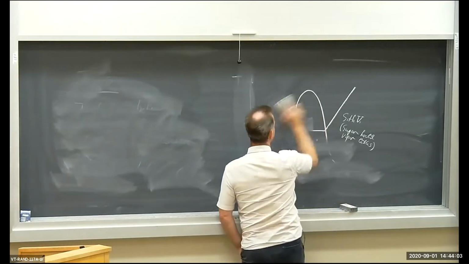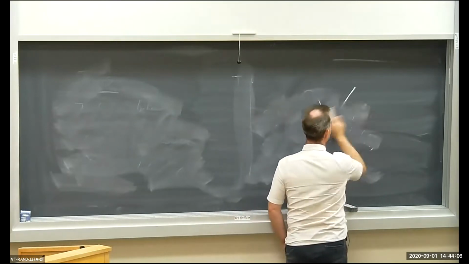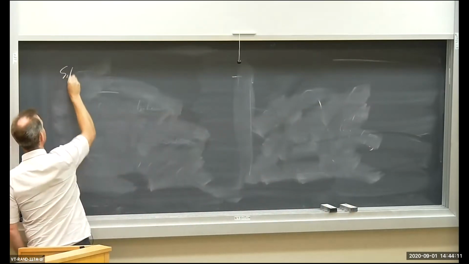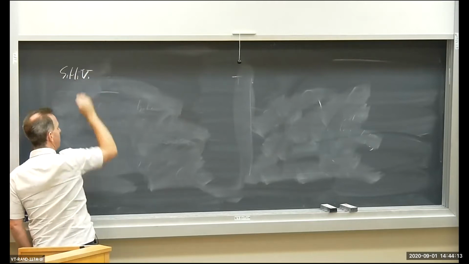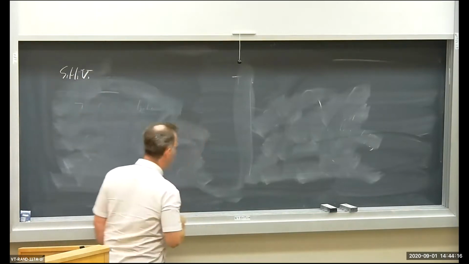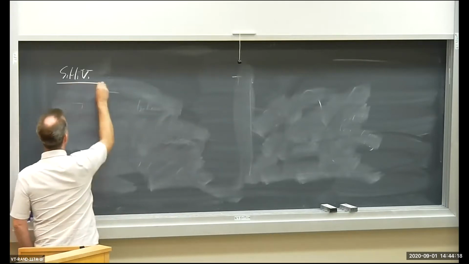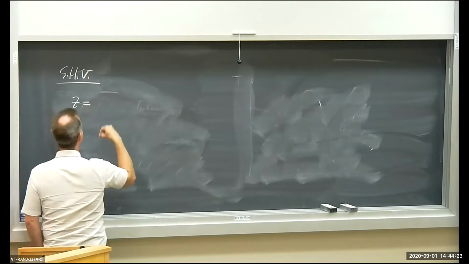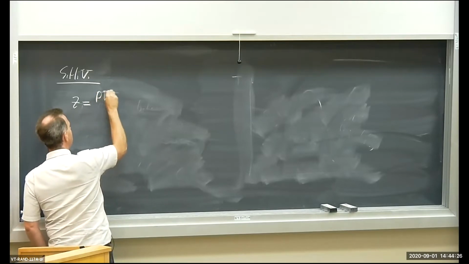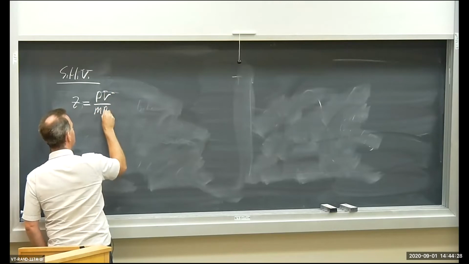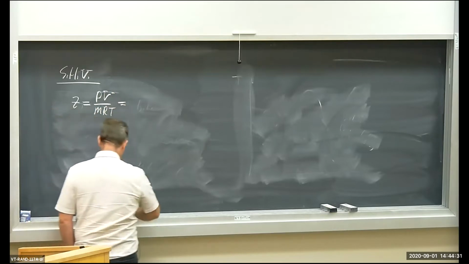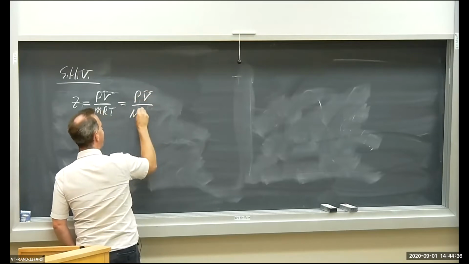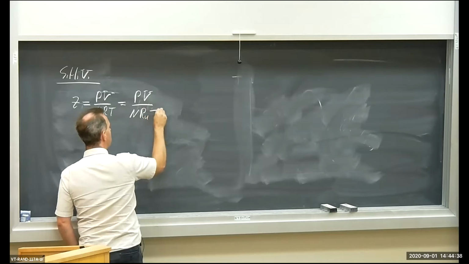So again, let's write the expression for the compressibility factor, Z. For a superheated vapor, pressure, volume, and temperature can be related according to the definition of the compressibility factor. Z is equal to PV over mRT. And I can also write this as pressure times volume is equal to nRUT. Okay?